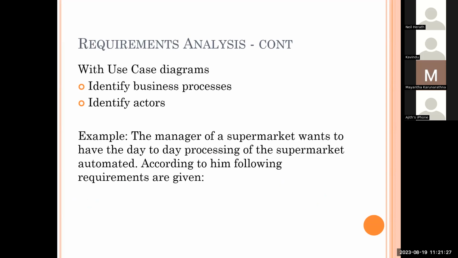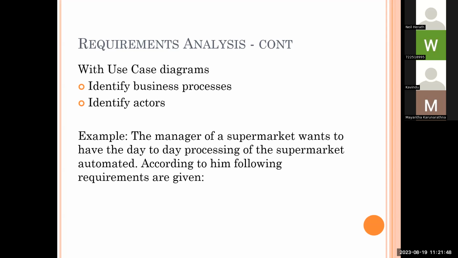The symbols are different. The concepts are a little different, but not much. For example, in a use case diagram also, the main point is identifying the business processes, like updating the inventory, doing the purchase process, generating the bill, etc.